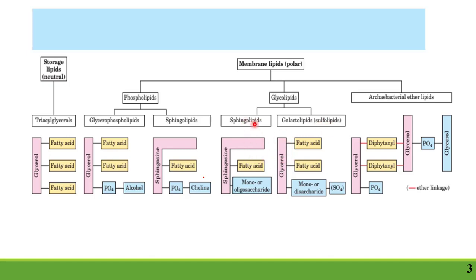The sphingolipids have a sphingosine, and galactolipids can have a glycerol or sphingosine also. In addition, they have a mono- or oligosaccharide, and galactolipids also have a sulfate group.